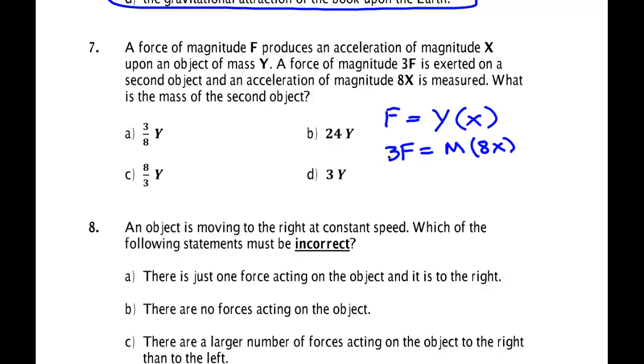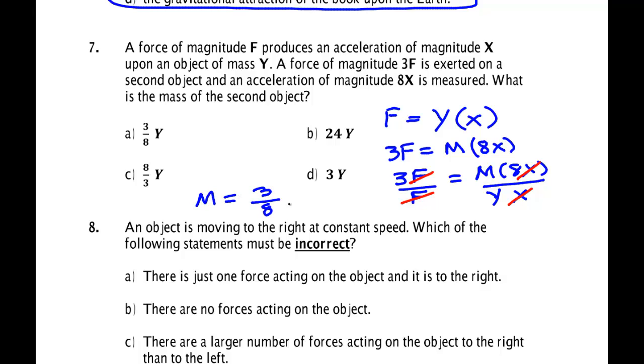So if I take this one and divide by the first one, 3F over F is equal to the mass times 8x over y times x. I can cancel the F's, cancel the x. So solving for m, I get m is 3/8 times y.